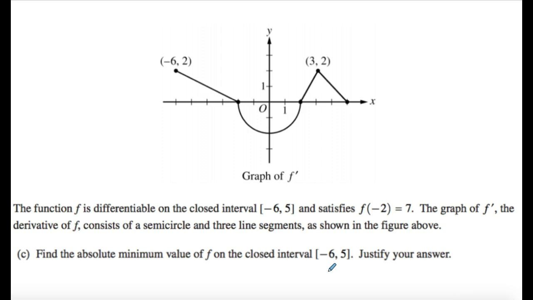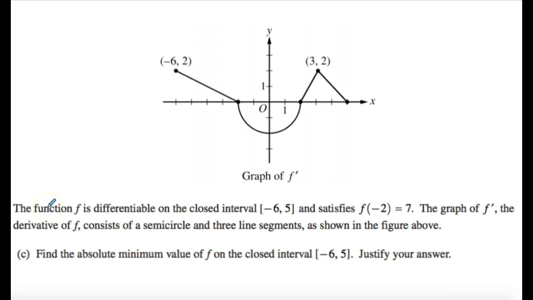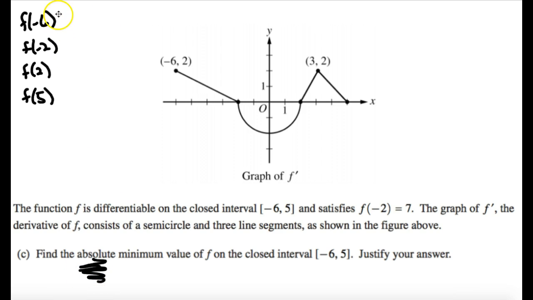We just said that our critical points are -2 and 2, and then our endpoints are -6 and 5. So what we want to figure out here is f of -6, f of -2, f of 2, and f of 5. Our two critical points and our endpoints, whenever we're finding absolute mins or maxes.